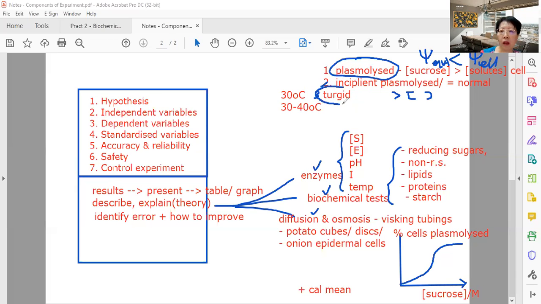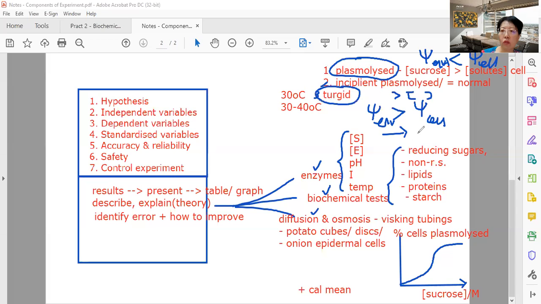Yeah, correct. A cell can be turgid because the cell is placed in a solution where psi of the surrounding is higher than psi of the cell. So psi of the environment is higher than the cell, so there's a net movement of water into the cell. Therefore the cell will swell and become turgid for a plant cell.